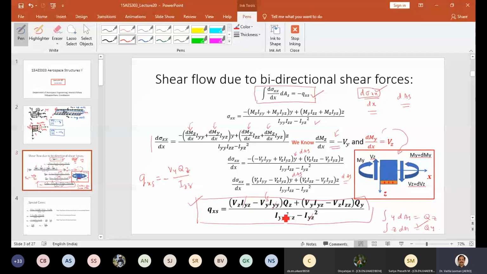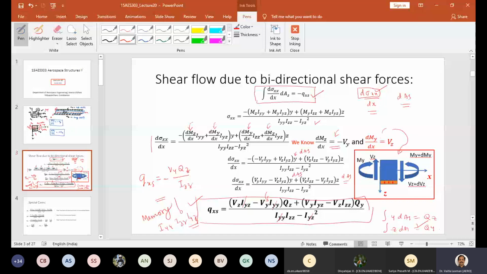This Iyy will get cancelled with this. So V by Qz by Izz. So somehow you have to remember this. If you remember this, you can solve the problem. So just memory, that's it. And you have to calculate Iyy, Izz and Iyz. Nothing more. So we'll try to solve 1, 2, 3 problems in this.